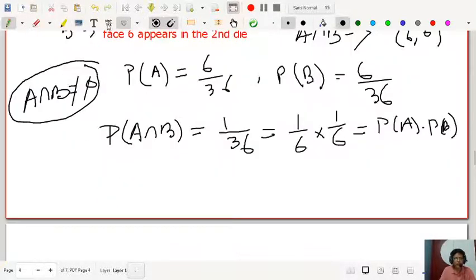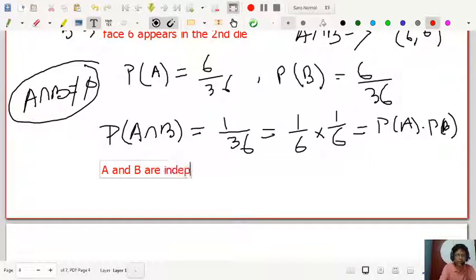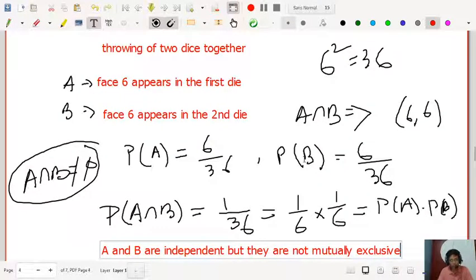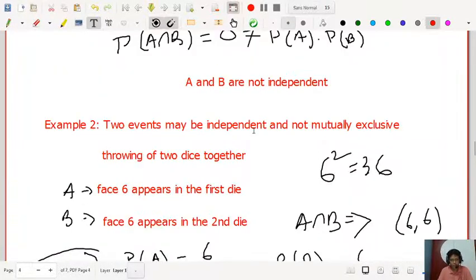So let me write the conclusion at last, that A and B are independent, but they are not mutually exclusive. Okay, so these are very important observations while you are doing problems on this.